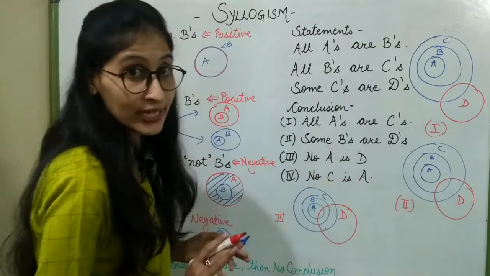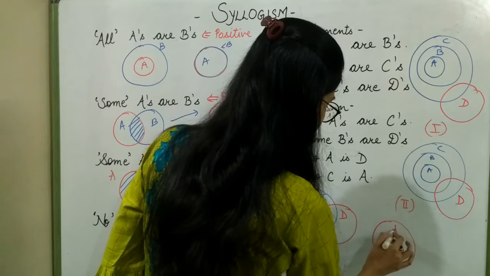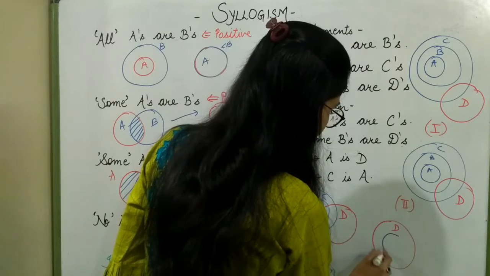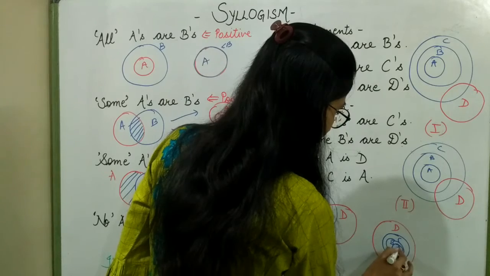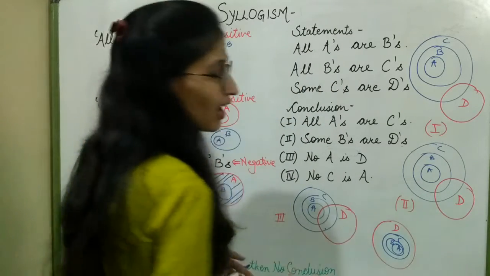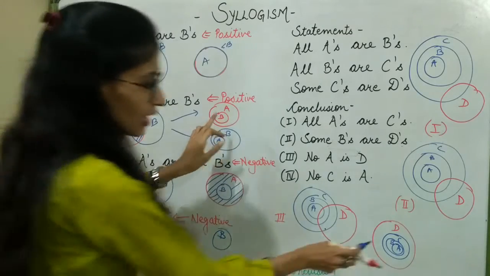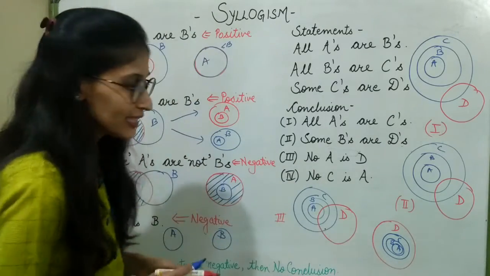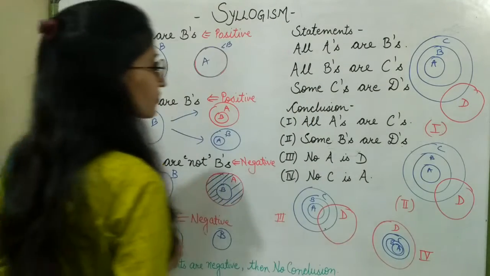This is my third Venn diagram. And the fourth one: here also some C are D's. This is the pattern. Some C's are still D. So this is my fourth Venn diagram.